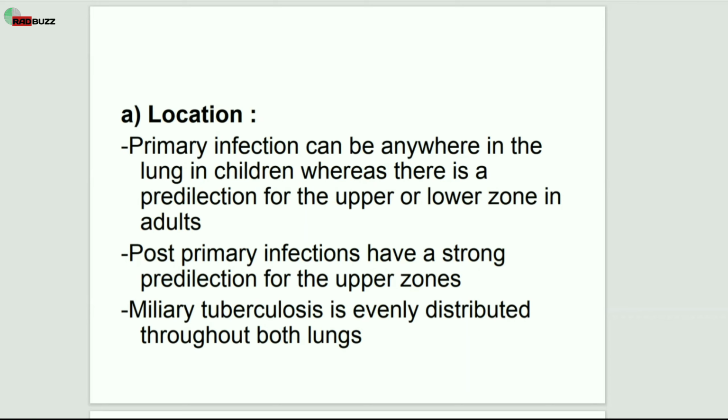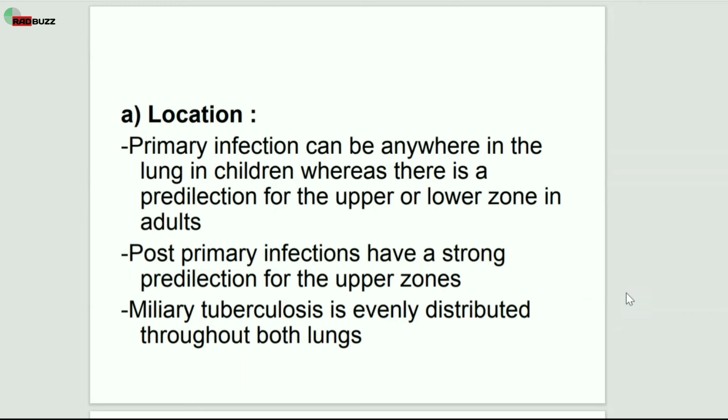In those cases, the upper zones are more involved, in various types of imaging findings, mostly cavity lesions. Miliary tuberculosis has a miliary pattern evenly distributed throughout both lungs.